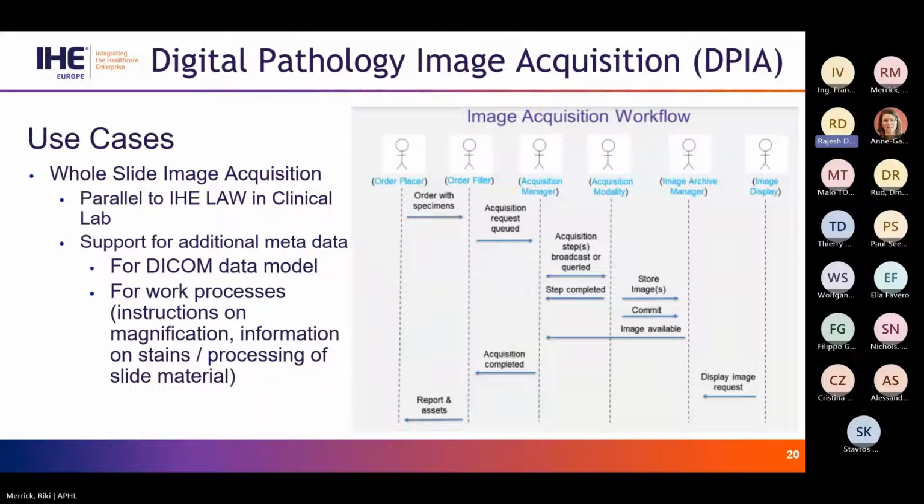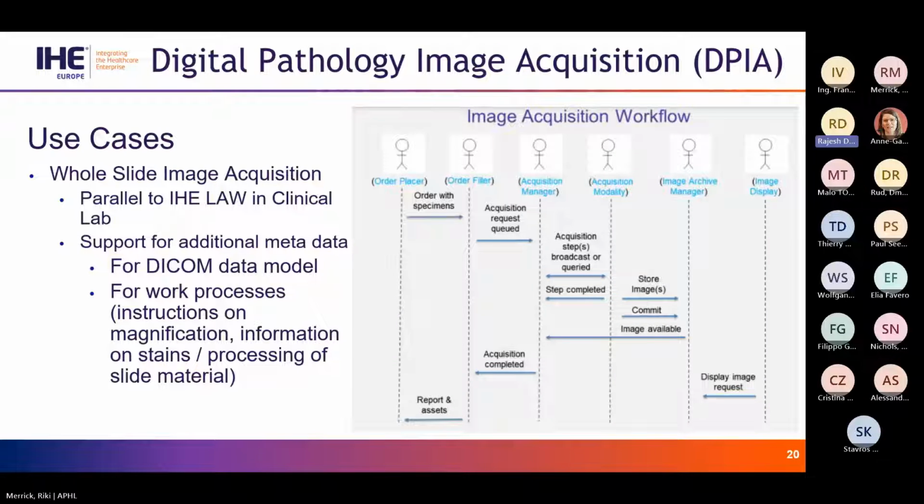So we'll see that the general workflow is, a typical pathology order results in an order being placed in the EHR, going to the LIS, then a request for a whole slide image, going to the image management software.